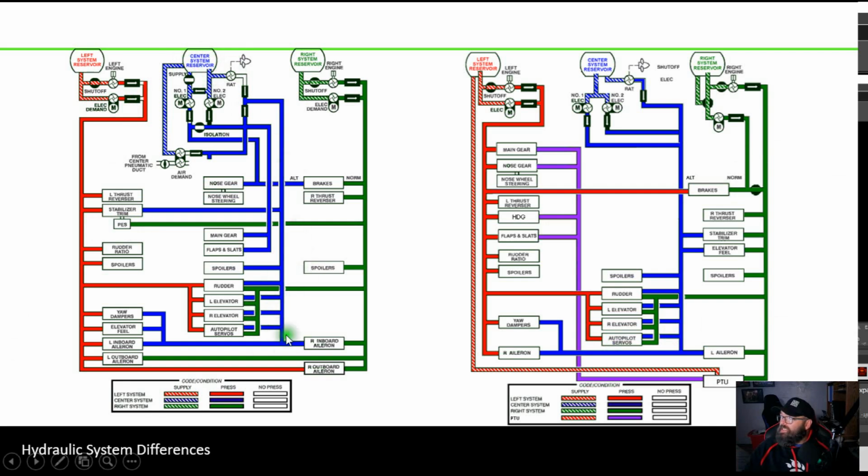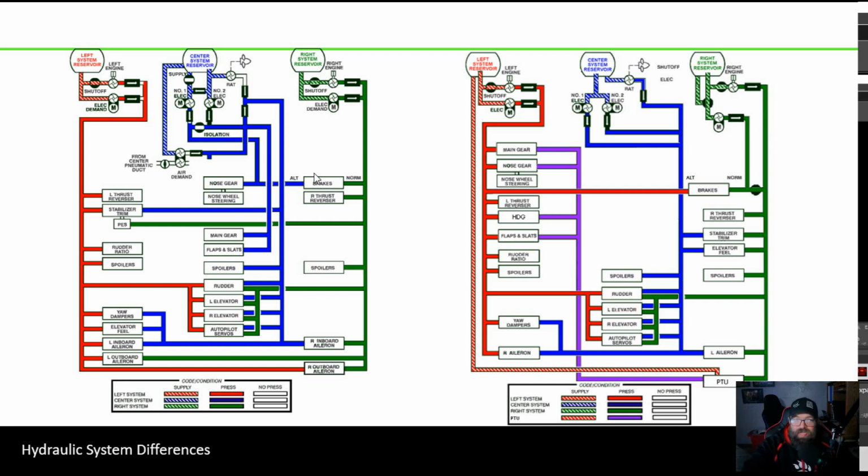If I have a leak in something down here and I start to bleed out all my fluid, once that fluid goes below the standpipe, I'm protected, and now I can run at least my gear and alternate brakes, or nose wheel steering alternate brakes. As you know, so at least I've got that. But the 7.6 does not have a standpipe in the left or the right systems. Okay, so there's only a standpipe in the center.